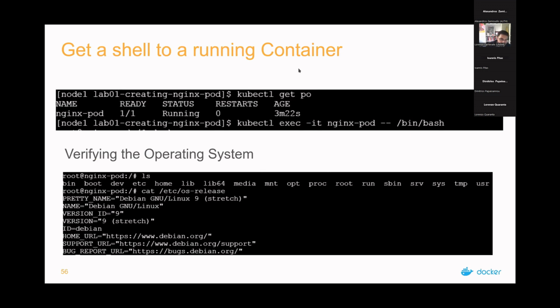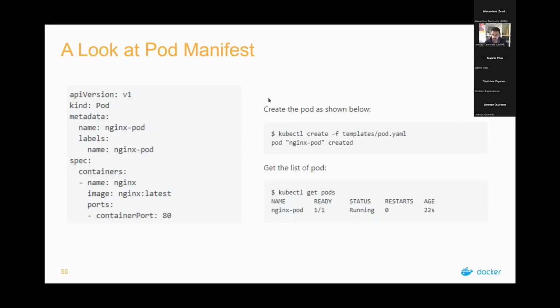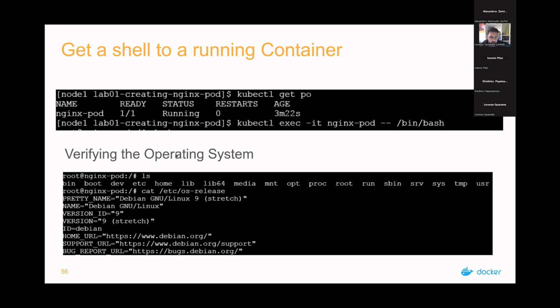So this is the way in which we can create, of course, the containers. So we get the pod like this, and then we verify the operating system, for instance, with this command line.